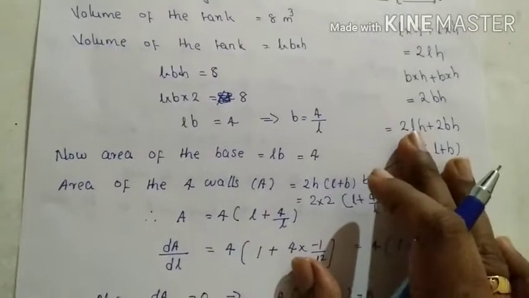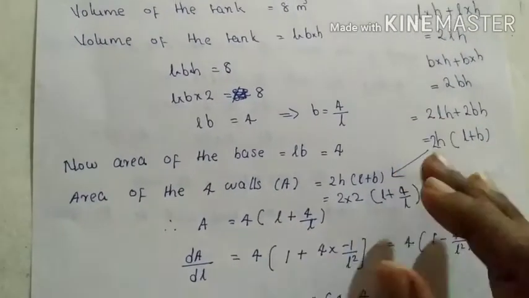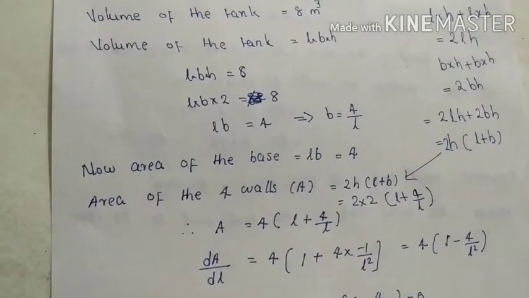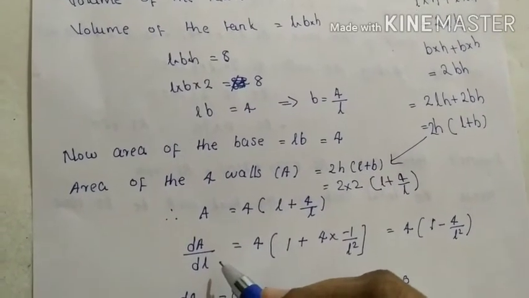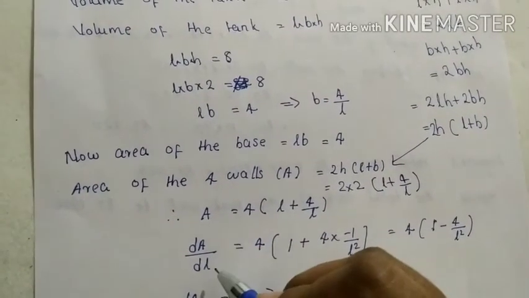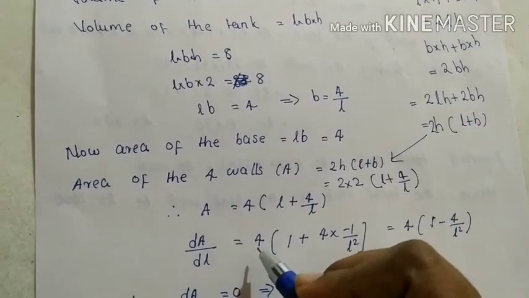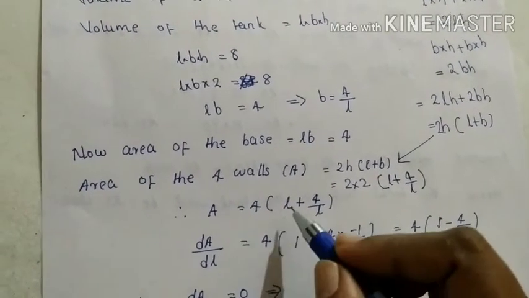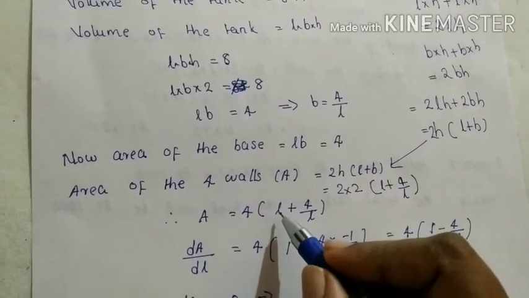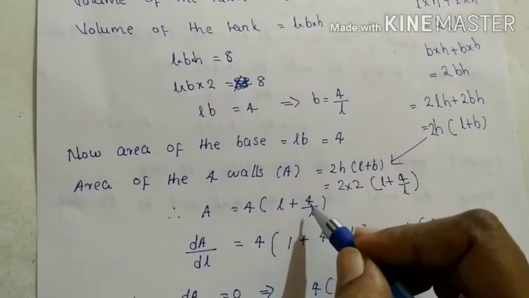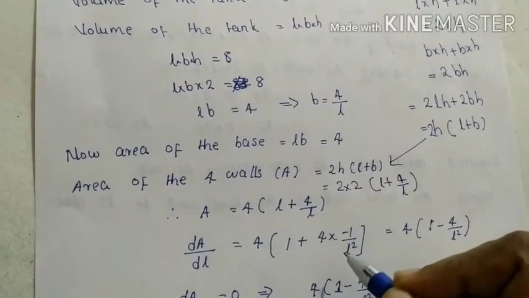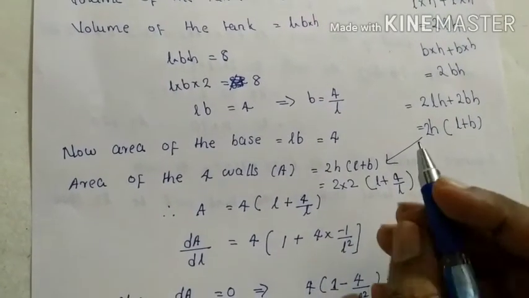Okay. So next I am going to differentiate it with respect to L on both sides. We get dA by dL equal to 4 into, 4 is a constant, right? 4 into derivative of L is 1, plus 4 is a constant, 4 into derivative of 1 by L is minus 1 by L square.